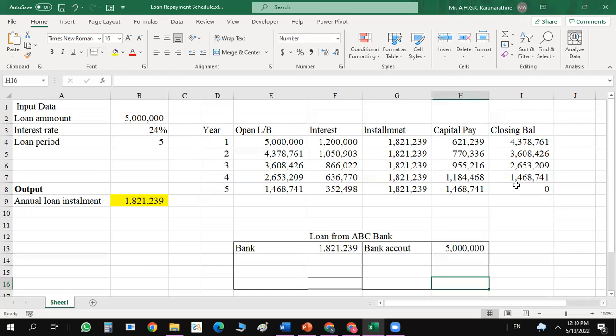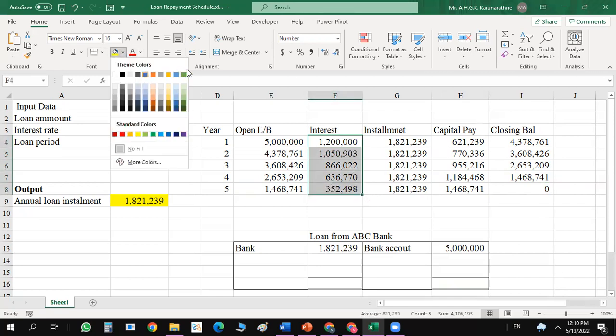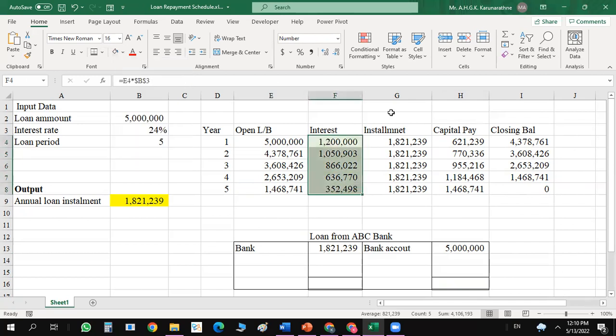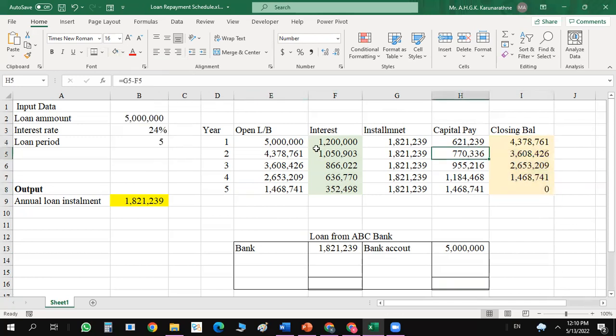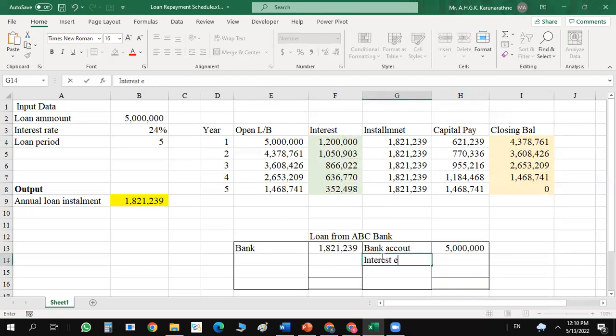The annual interest expense is what you are supposed to charge to the profit or loss, and it appears in the statement of financial position as well. You take the interest amount and charge it to the interest expense account: interest expense account debit, loan account credit, this much.